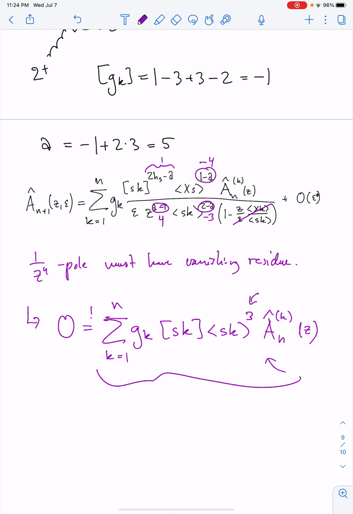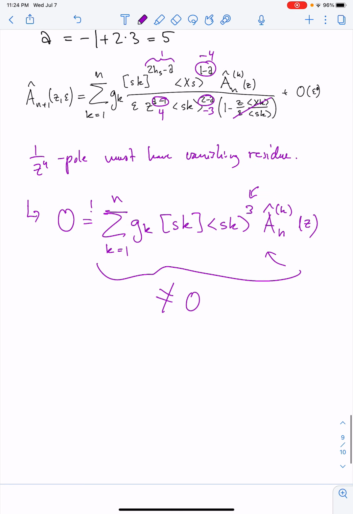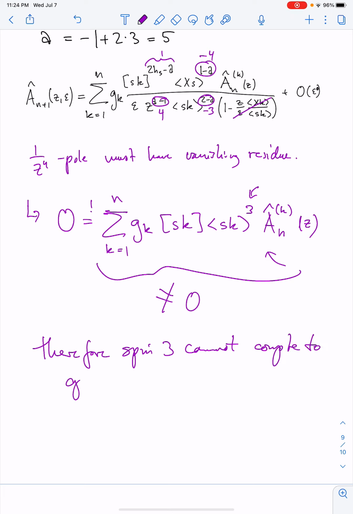So generically, what sits here is always going to be different from 0, and therefore a massless spin 3 particle cannot couple to a spin 2 particle. And I should say massless, emphasize the masslessness of this.